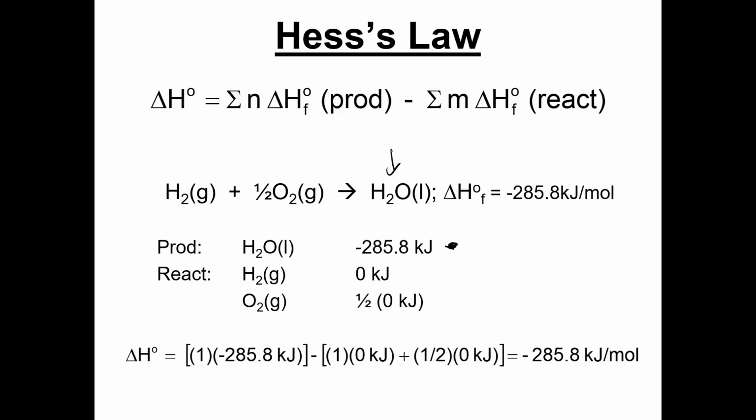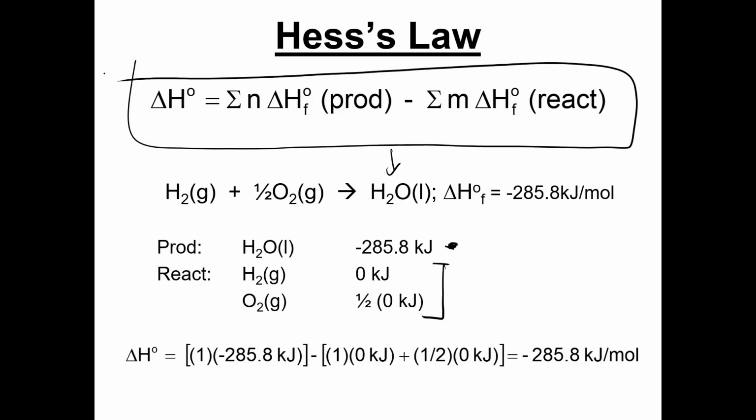And then the reactants, which happen to be 0 and 0 here, fortunately, so that makes our calculation easy. But this is called Hess's law. It's the enthalpies of the products times their coefficients from a balanced reaction, that's what n is here, minus the sum of all of the delta H's of formation of the reactants.